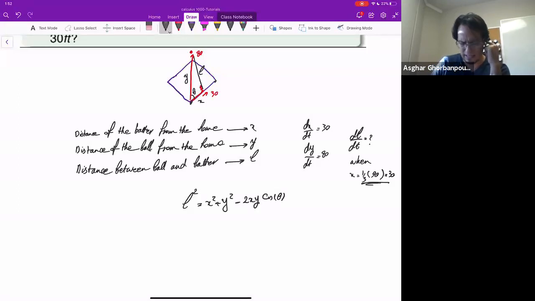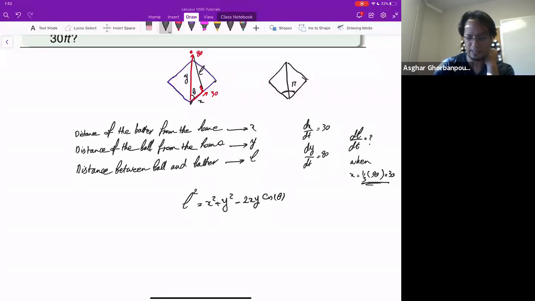Well, what is theta here? In this case, you see this is a square, and then you have the diagonal here. It means that the angle between these two sides is divided into two equal pieces.